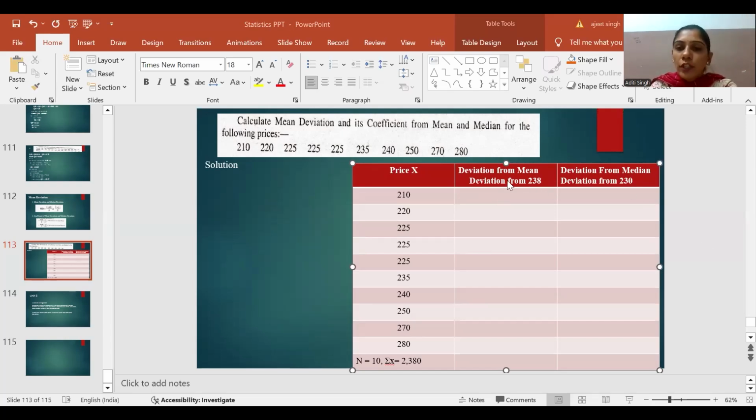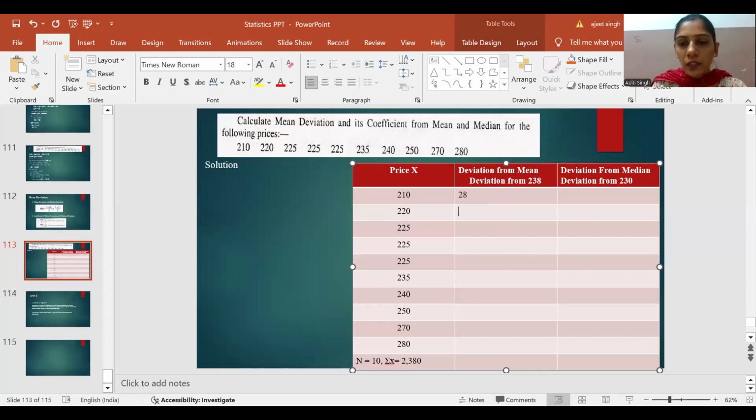I have already told you that we will ignore the plus and minus sign in this. Okay, we will not consider the sign. So we will calculate the deviation from the value of mean and the value of x. Again, for median, the value of median and the value of x is considered. So we will take the difference for both mean and median. So 238 and 210, we take this difference, which is basically 28.